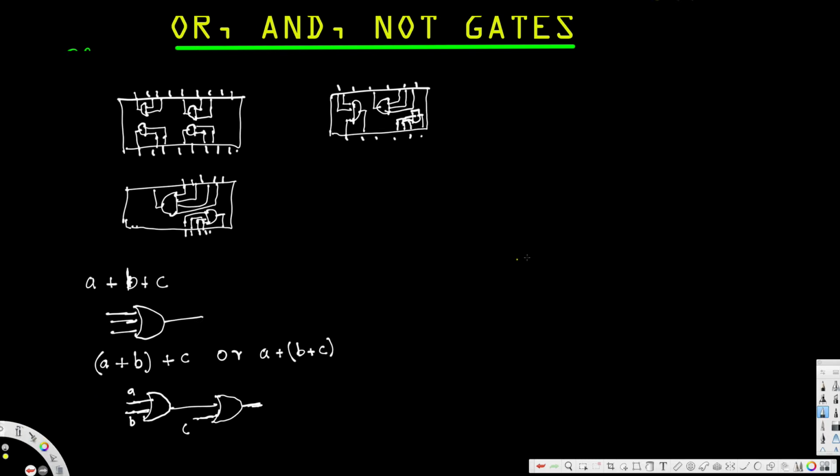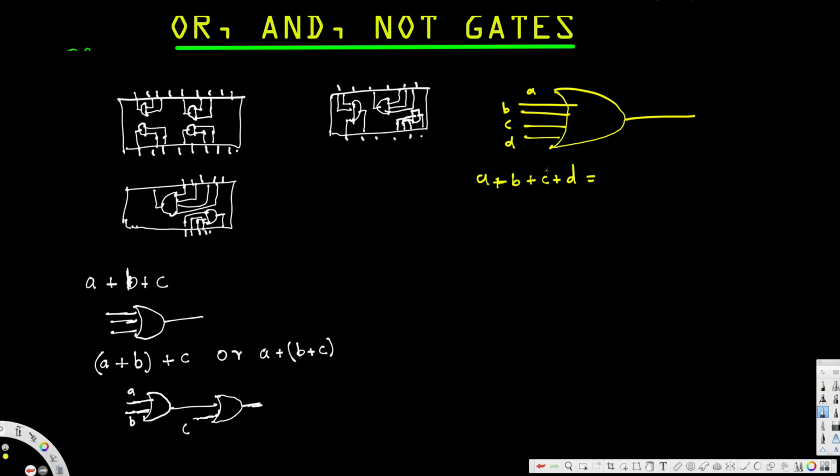Let's say we need a 4-input OR gate, but we don't have that one, with inputs A, B, C, D. So this is A plus B plus C plus D.